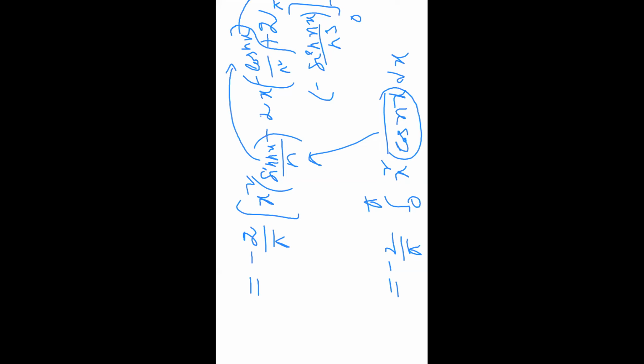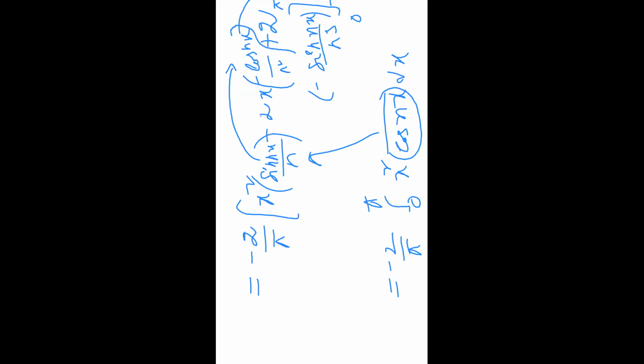We know that in the sine function, sin 0 is 0 and sin pi is also 0. In the sine function, both the upper limit and the lower limit give 0, because sin n pi is 0 and sin 0 is 0. Substituting 0 for x, that is also 0.